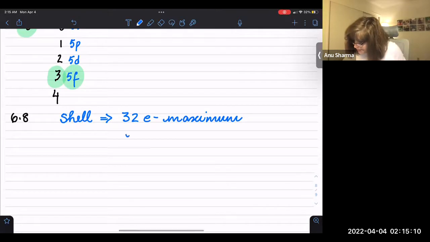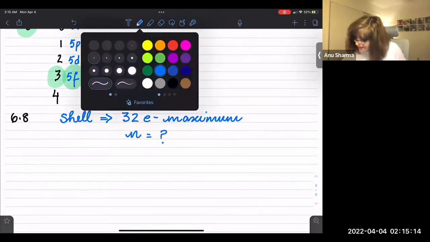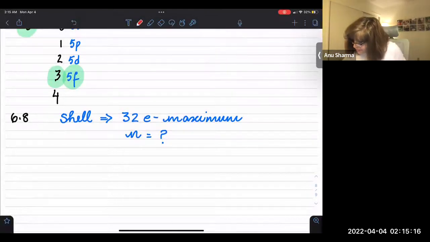So the value of n is equal to what? We have already seen that the value of n is equal to 4, as we have seen above.